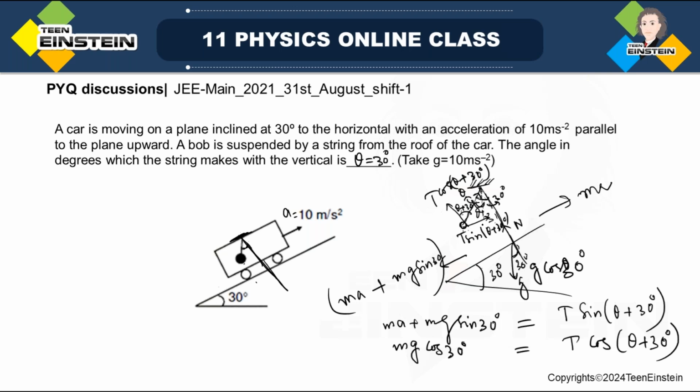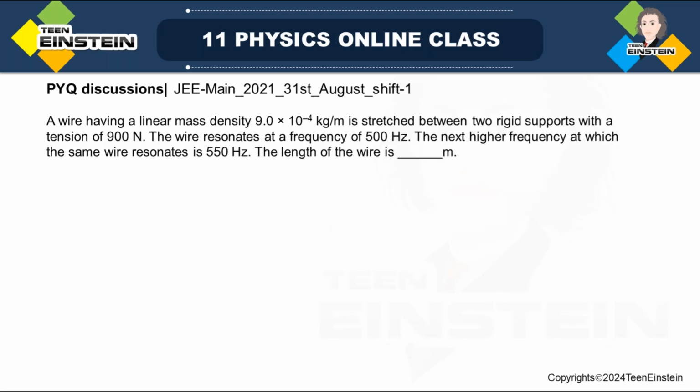All right, so we'll go to the next problem. This problem is saying that a wire having linear mass density 9 into 10 to the power minus 4 kg per meter, that means mu is given, is stretched between two rigid supports.